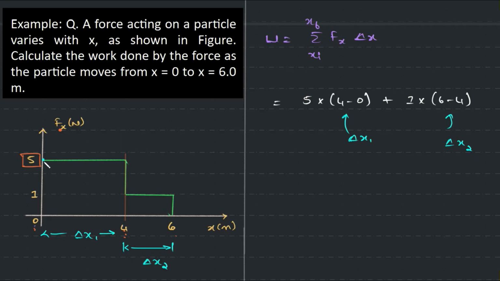The force over here is 5 and the force over here is 1. So this is 20 and this is 2, making 22. You can get such scenarios, and it's a very simple way to do it. This is case 1.